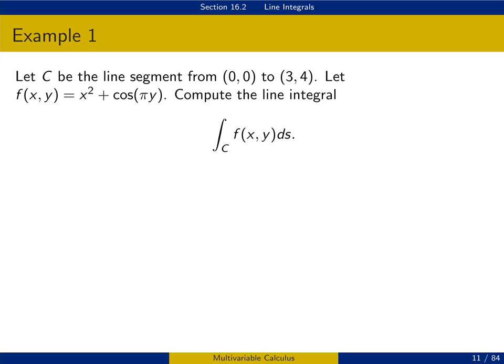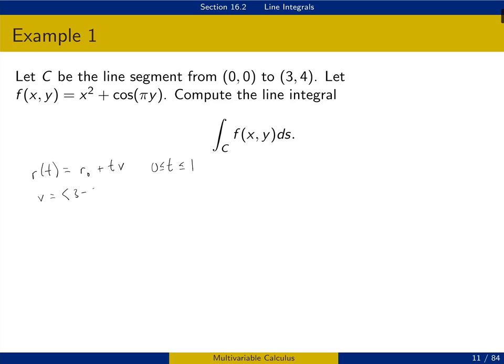The first thing we're going to need to do is to find a way of expressing this curve in terms of a variable t. This is a line segment, so what we need is r(t) equal to some initial point, r naught, plus t times the vector v, where t is going to go between 0 and 1. What is this vector? Well, v is the vector that gets us from (0, 0) to (3, 4).